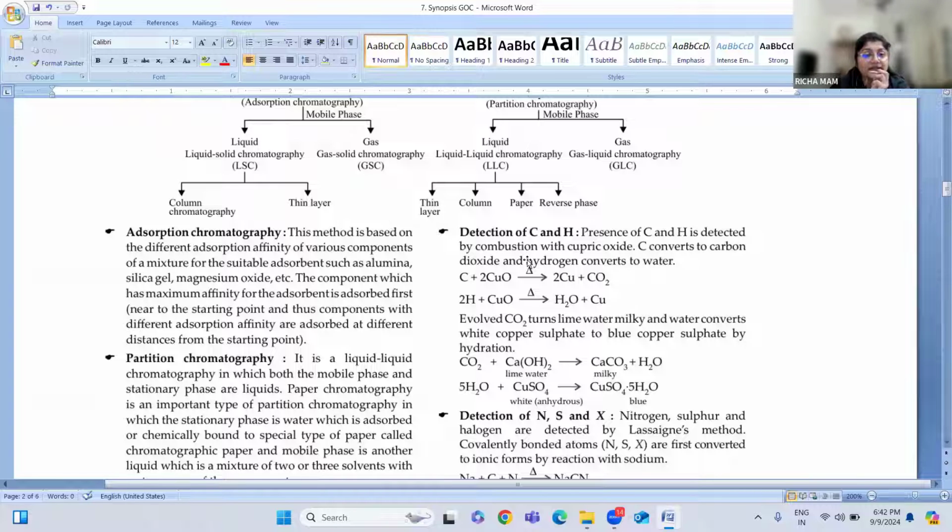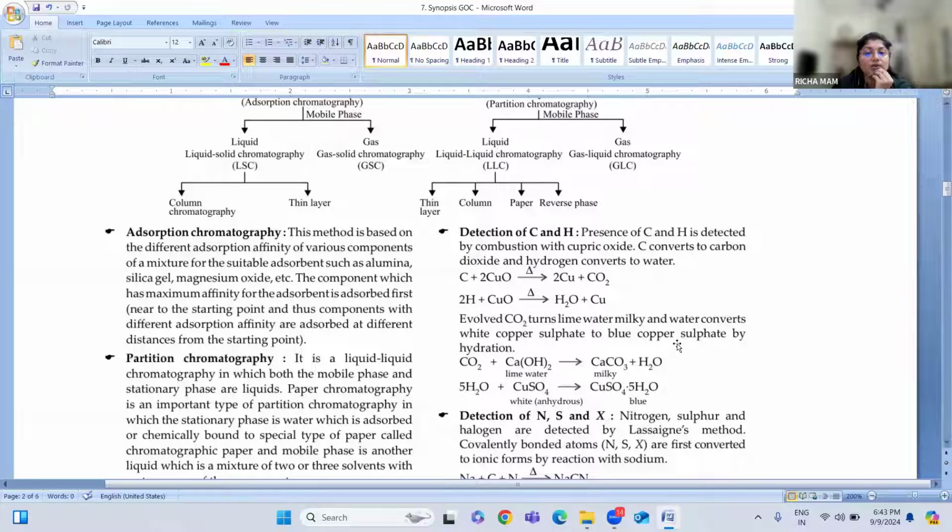This tells you the presence of carbon and hydrogen in that compound. The carbon dioxide will turn lime water milky. I hope you have seen this reaction, how to make lime water milky.